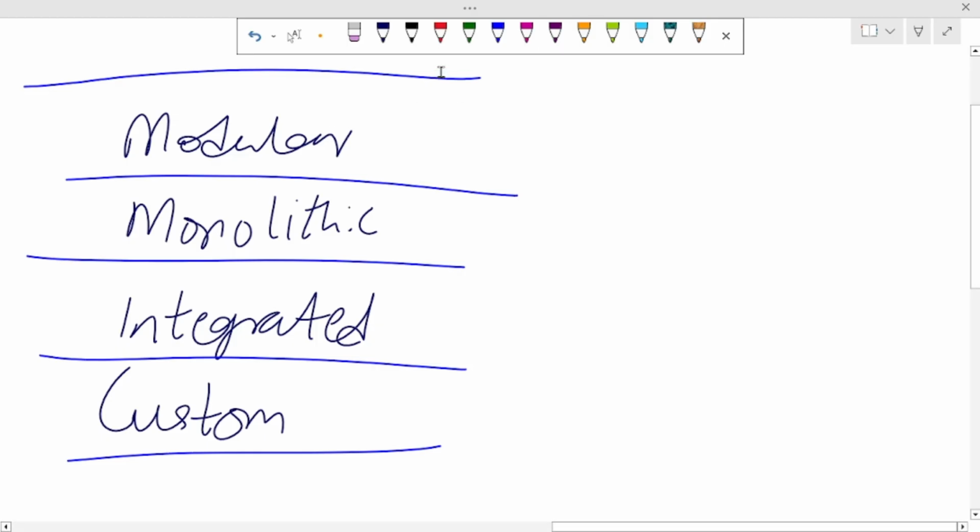Bear in mind that each of these approaches to design, modular, monolithic, integrated, custom, is to solve a problem. So we are producing a product or a system by going with this approach or this approach or this approach or this approach.